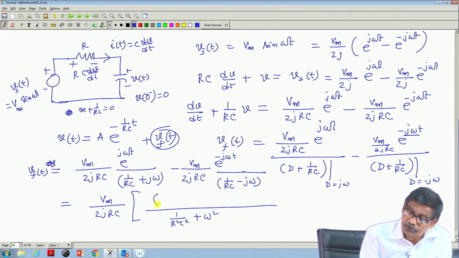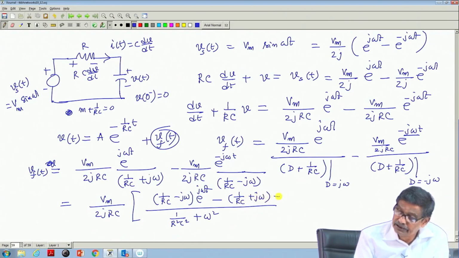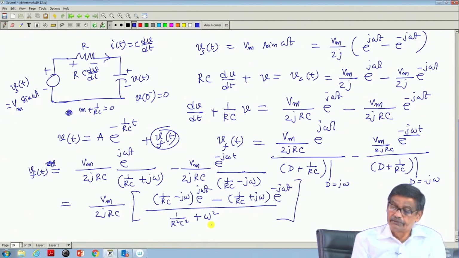So, it will go up 1 over R c minus j omega into e to the power j omega t, this into this, minus 1 over R c plus j omega into e to the power minus j omega t. That is the thing you will get.